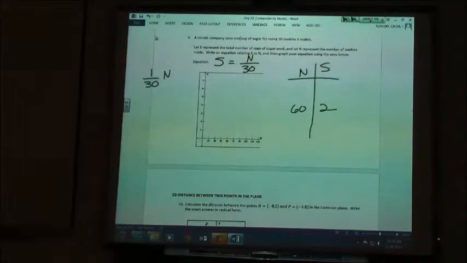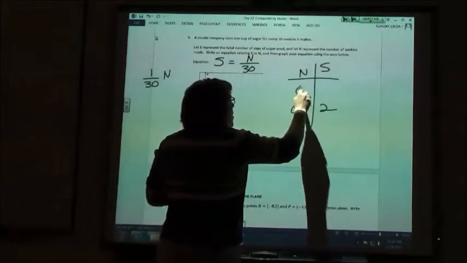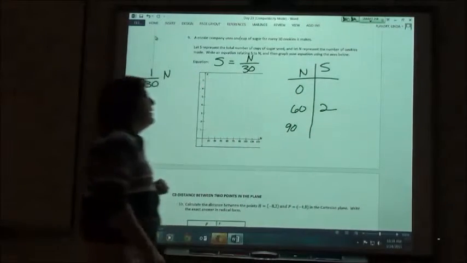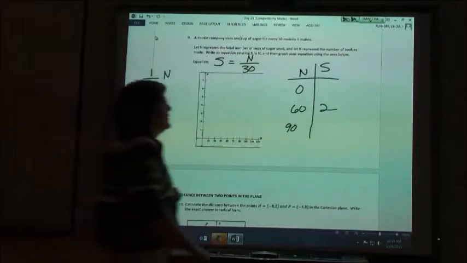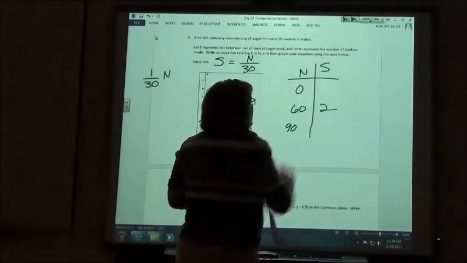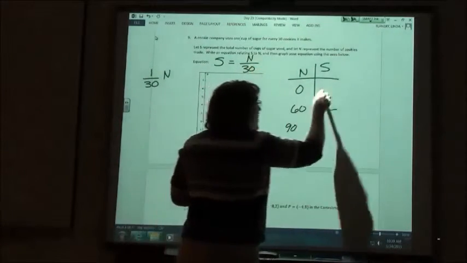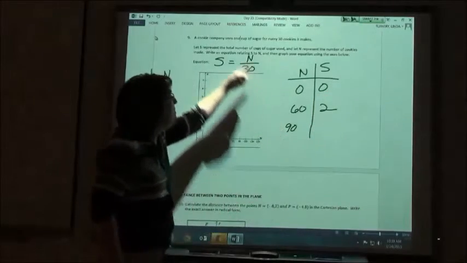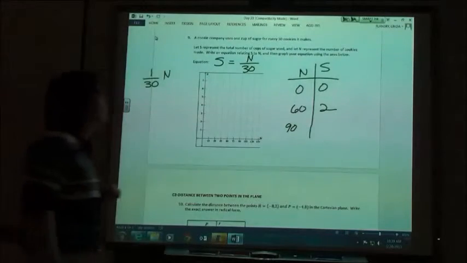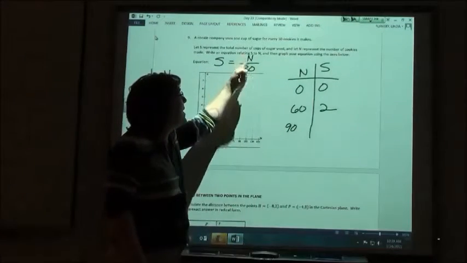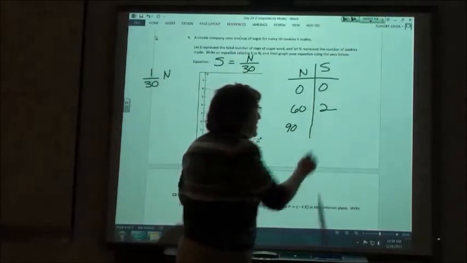I'd want to use numbers like 30, 60, 90. 0 is always good. So what if we say 0 and 90? If I don't make any cookies, how much sugar do I use? 0, because 0 divided by 30 is still 0. If I make 90 cookies, how many cups of sugar? 3, because 90 divided by 30.